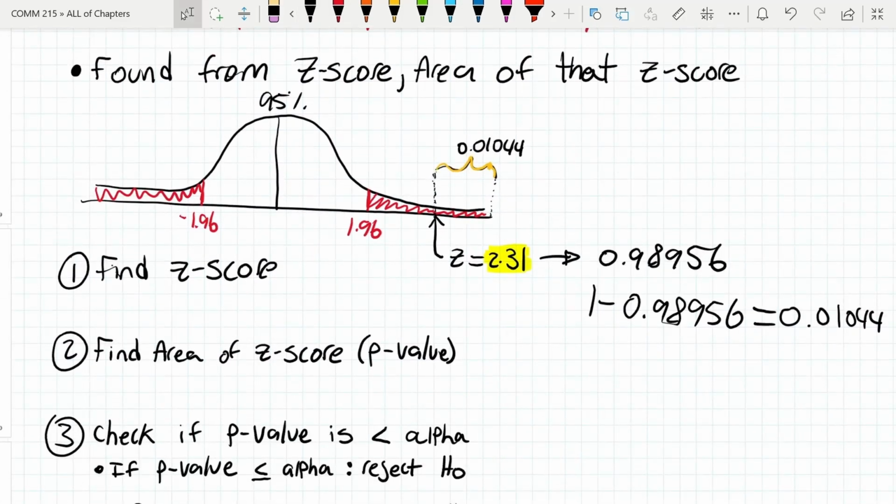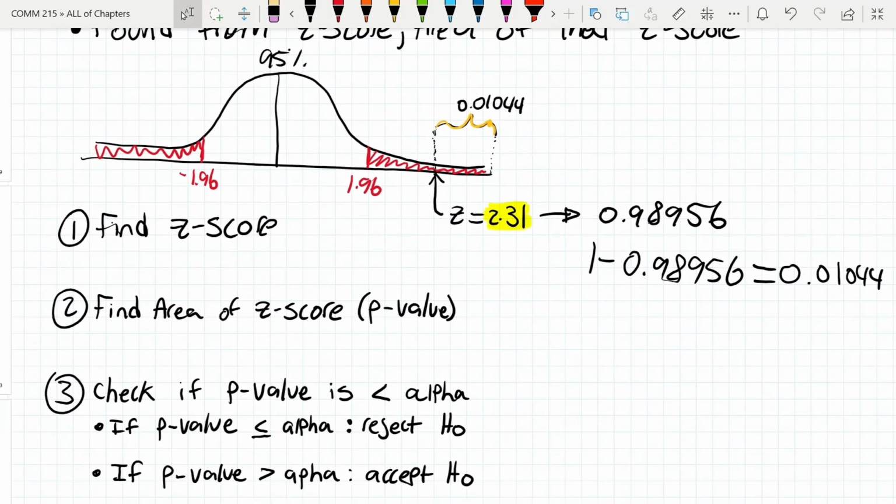So once you find that, you want to check if your p-value is less than alpha. So if your p-value is less than alpha, we must reject the null hypothesis. And if the p-value is greater than alpha, we must accept the null hypothesis.